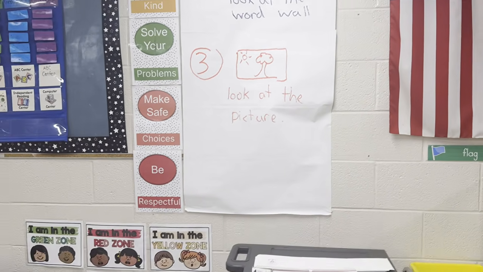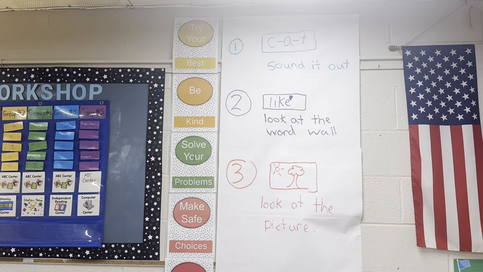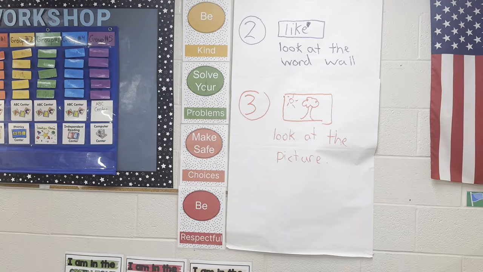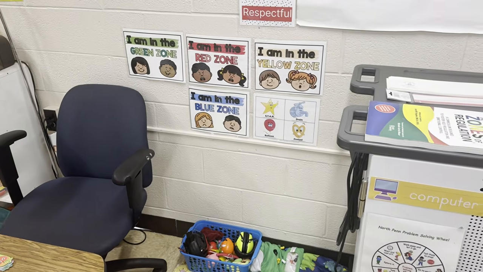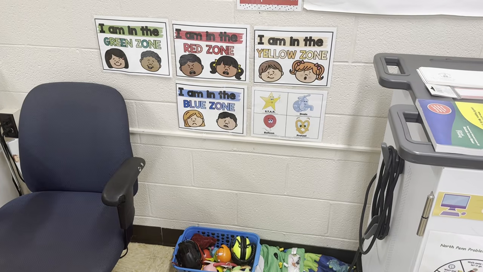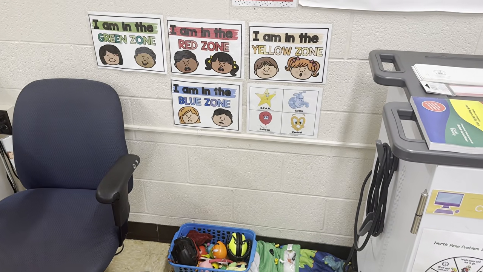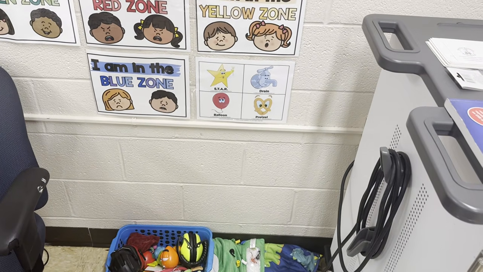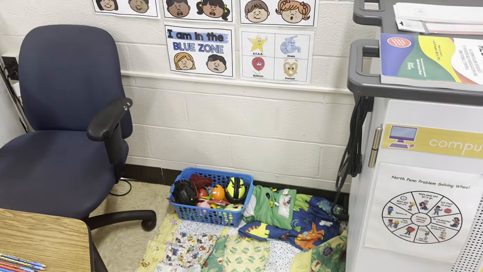Right next to this display, I have different, not necessarily rules, but guidelines that we try to follow in my all-star class. And down below here at the calming corner is the zones of regulation that help students identify what they're feeling at the time, as well as some breathing exercises that I use with the students to help them calm down at the calming corner.